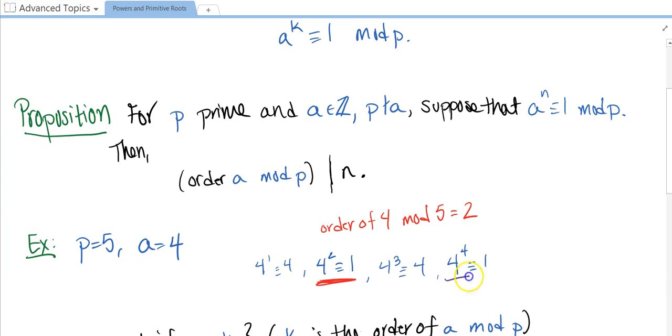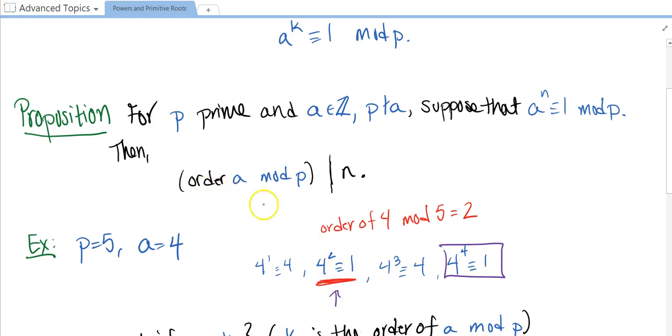This box is what Fermat's Little Theorem would say: a to the p minus 1 is congruent to 1. That's certainly true, since p does not divide a. But that does not mean there isn't an earlier power of an element that produces 1. It does happen with 4.